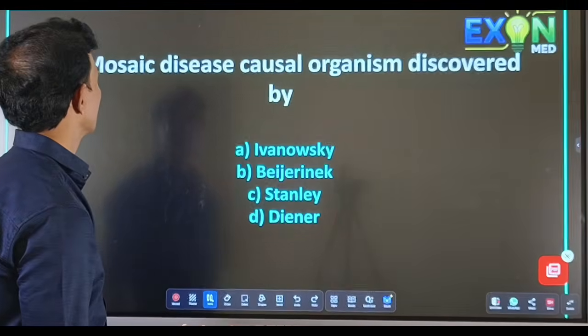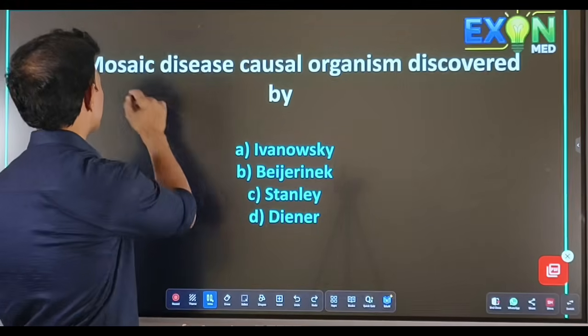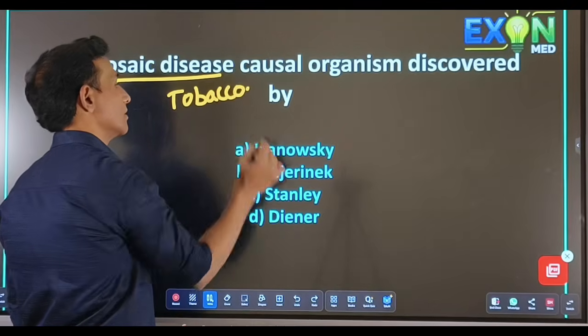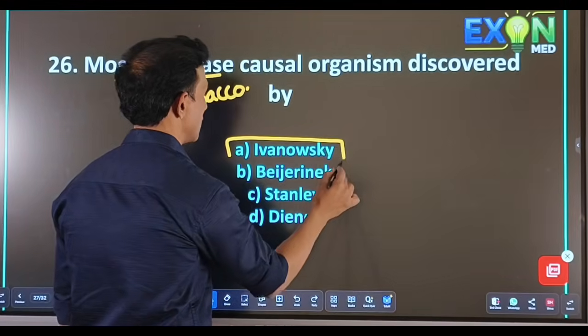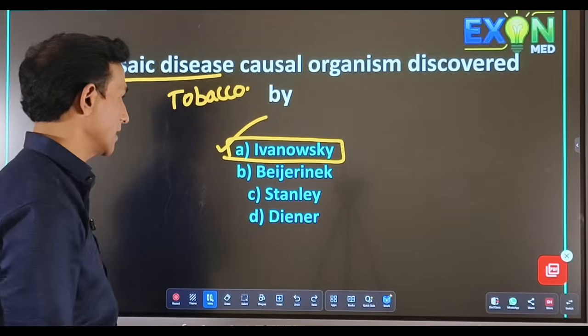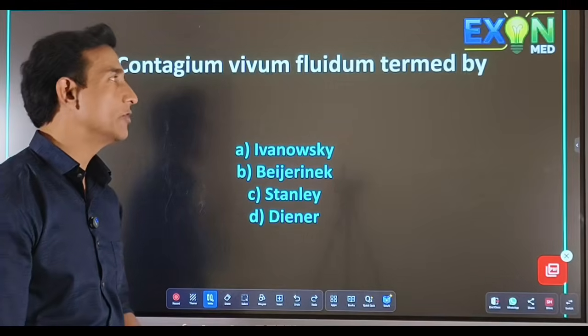Next, mosaic disease causal organism discovered by. Mosaic disease was observed in the tobacco plant, and it was Ivanowski who discovered this mosaic disease. Contagium vivum fluidum.